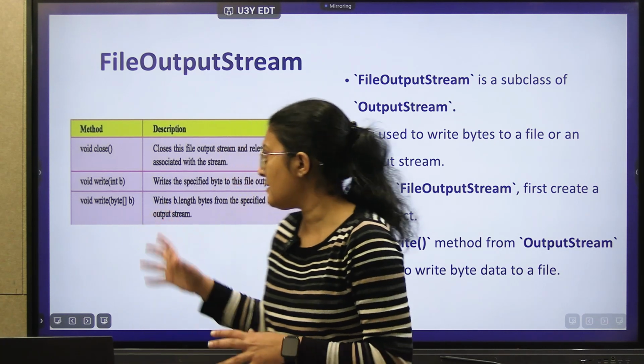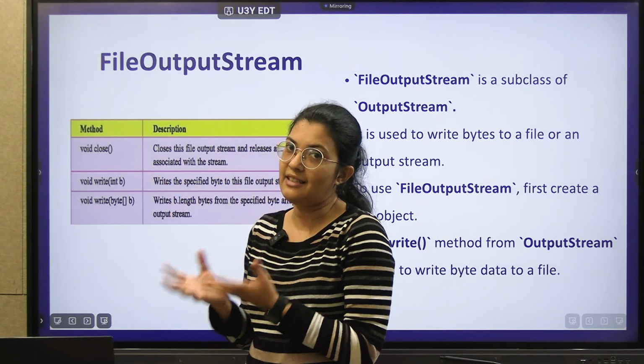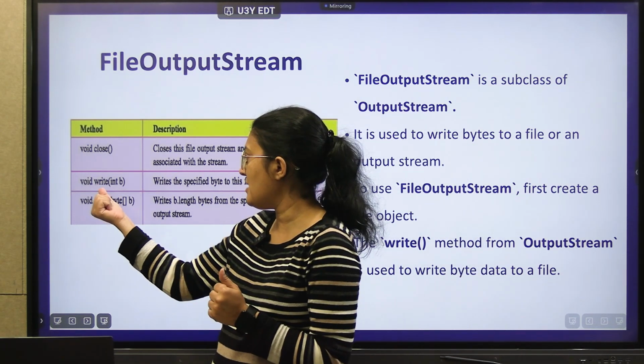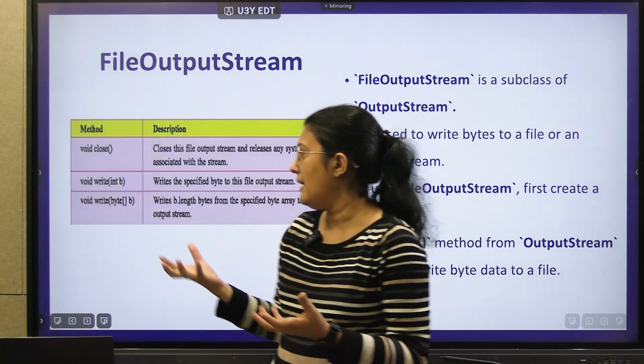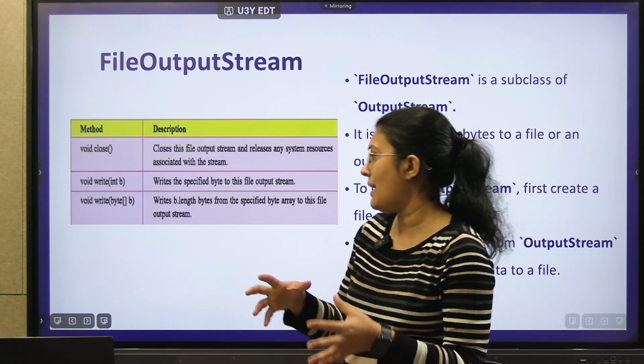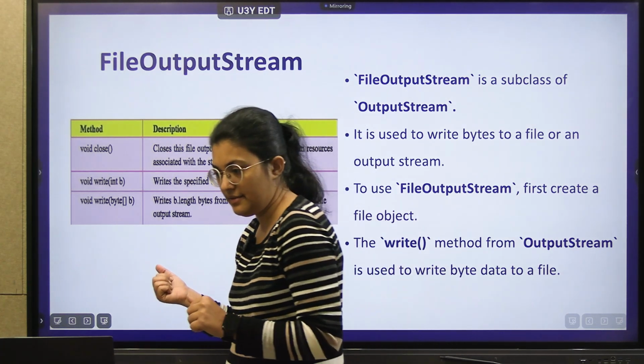These are the methods that are provided by this class. First one is close, which is basically used to close the open file. Second is write. In this you can give any integer value, which writes the specified byte to the output stream, and a byte array can be given here.